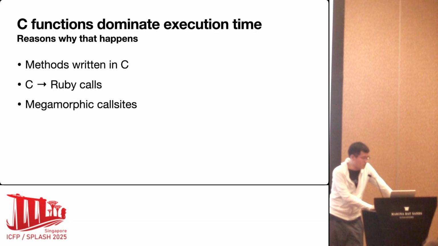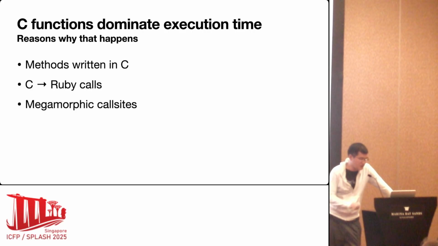So as shown here, methods are written in C, and when you call into Ruby from the C method, you need to do a lot of setup for the virtual machine or JIT code. So it has some overhead that needs to be done in the C. And also, as I said before, megamorphic call sites also require the JIT to spend time in C functions.